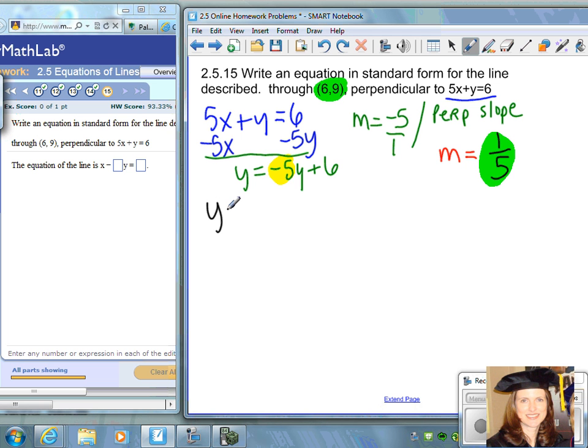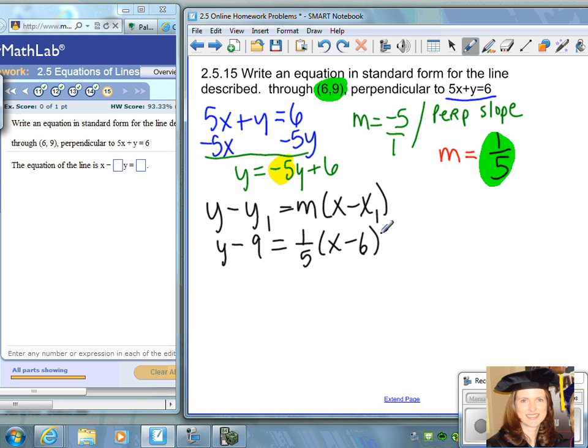The point-slope form of the line is y minus y sub 1 equals m times x minus x sub 1. Plug in the given values. y minus y sub 1, which is 9, equals the slope of 1/5 times x minus x sub 1, which is 6. Use the distributive property to solve this equation for y.